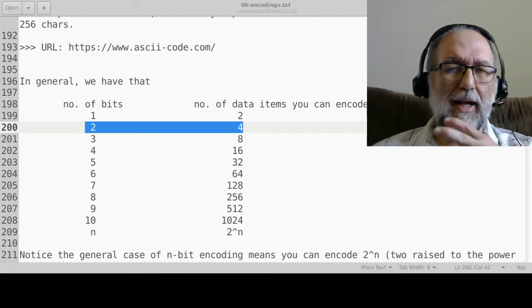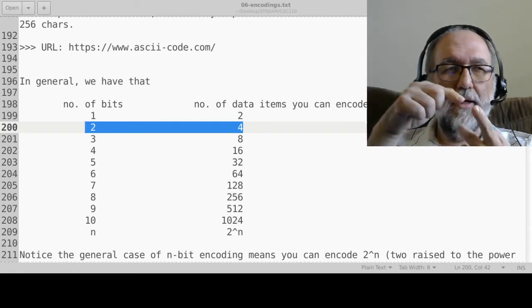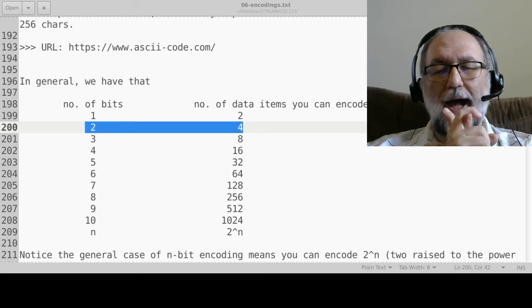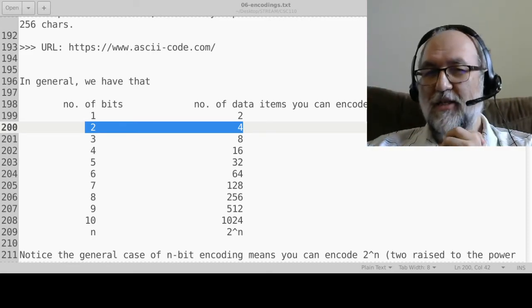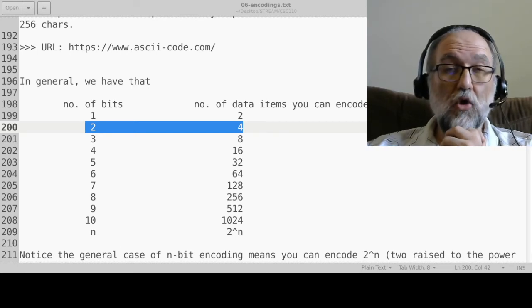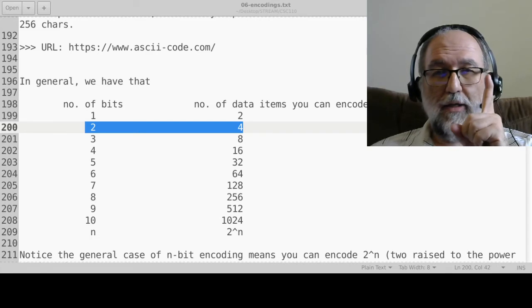Like, what is something that has only 4 data items in it? DNA. I forget what the letters are, but there's guanine. I don't know my biology, but there's 4 different nucleotides for DNA. So if you wanted to do your DNA sequence, the first nucleotide, there'd be 4 possibilities. You just need 2 bits for that one.